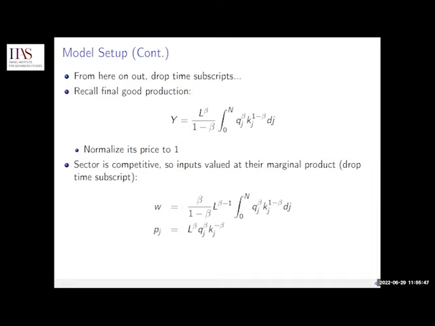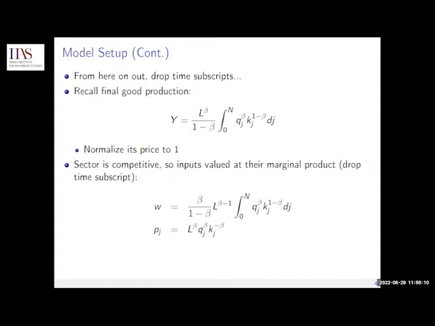Okay, so from here on out, I'm going to drop the time subscripts. I'm going to normalize the price of the final good to 1. So that's my numeraire good. Remember that the output good is going to be competitive. So that tells me what these factor prices are going to be.